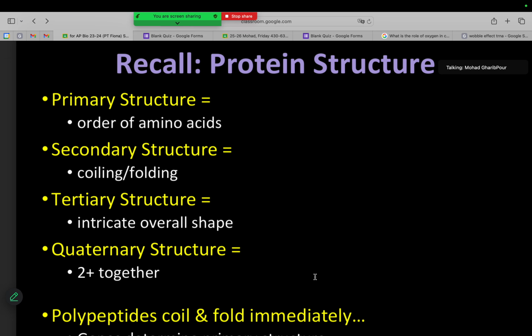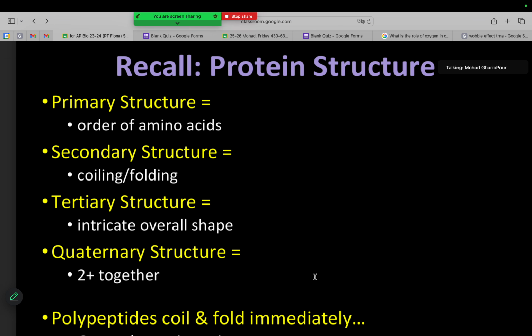Okay, recall protein structure. Primary structure, the order of amino acids. Okay, these are the primary, secondary, tertiary, and quaternary structures. Primary is just the order of amino acids.